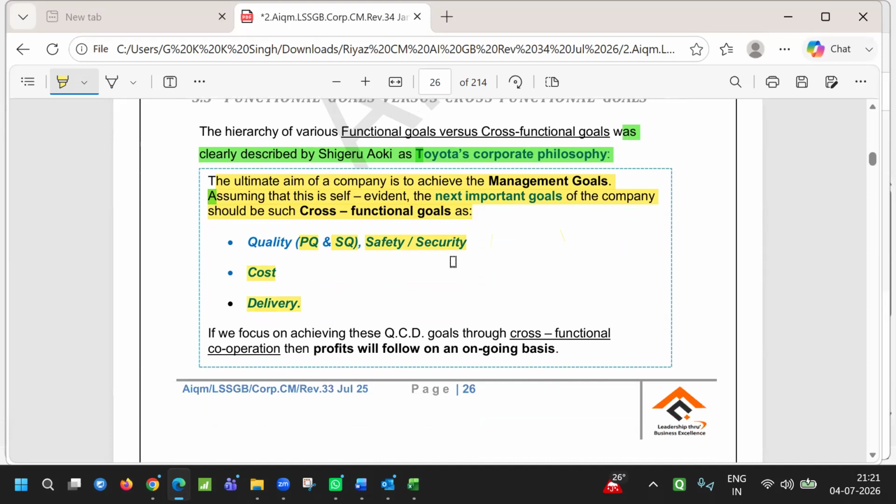So this is the philosophy of Toyota, and which is today the philosophy of Lean Six Sigma. If we focus on achieving these QCD goals through cross-functional cooperation, then profits will follow on an ongoing basis.